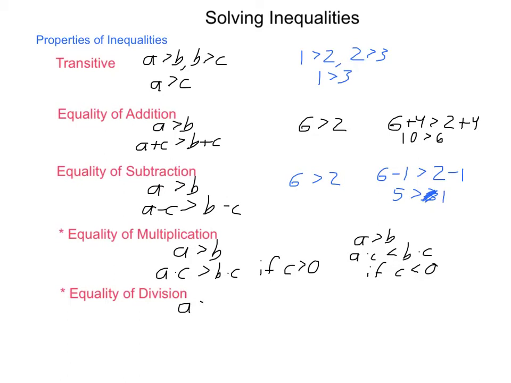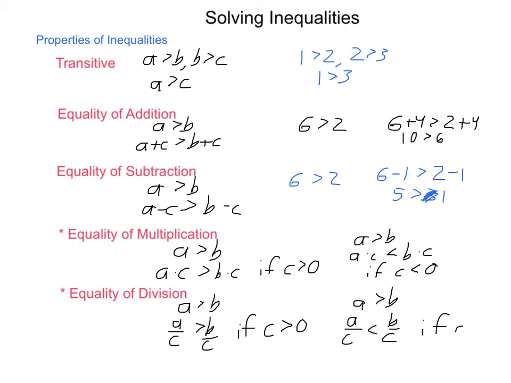If A is greater than B, then A divided by C is greater than B divided by C if C is greater than 0. A is greater than B will give us A over C is less than B over C if C is less than 0. So again, anytime you multiply or divide by a negative number, it will change the direction of your inequality.